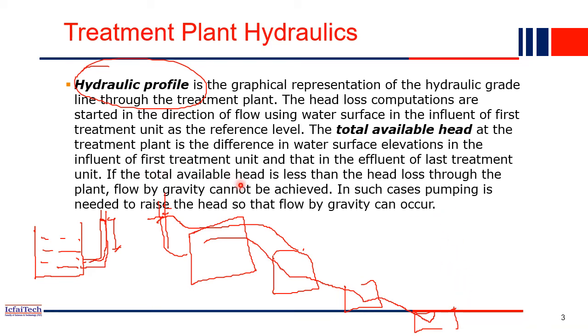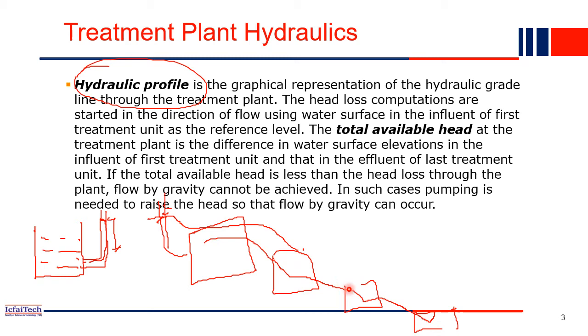This difference we call the total available water head. Whenever water is passing from one unit to another, there will be head loss, because water is going through pipes, and also at the entry and exit of each unit.